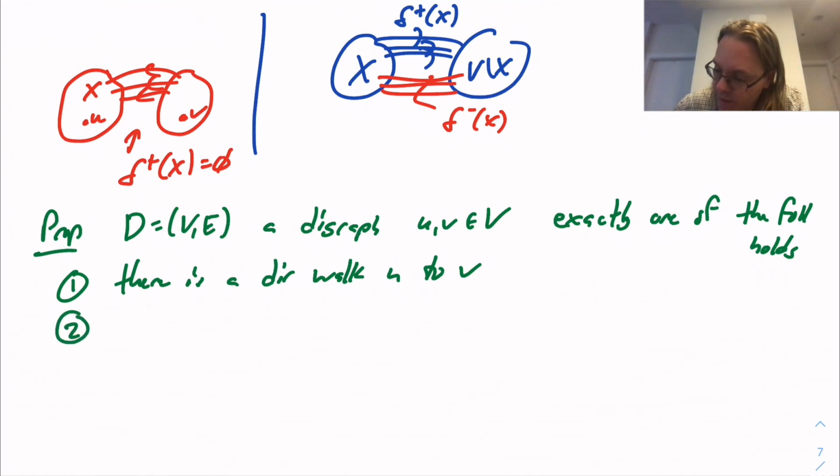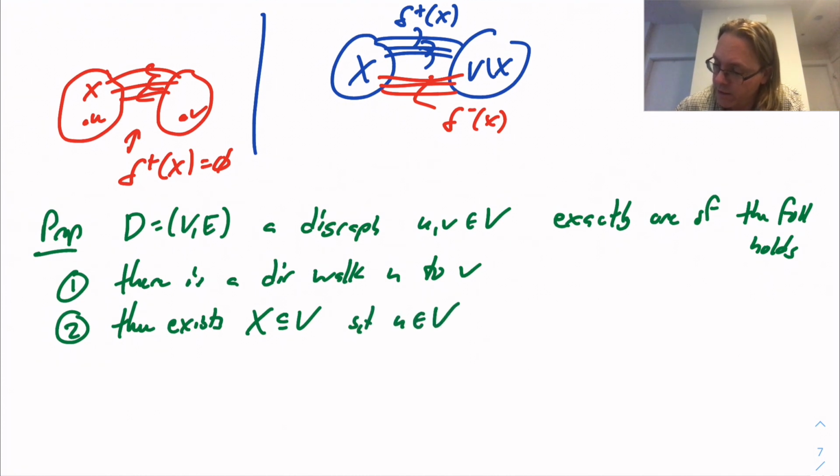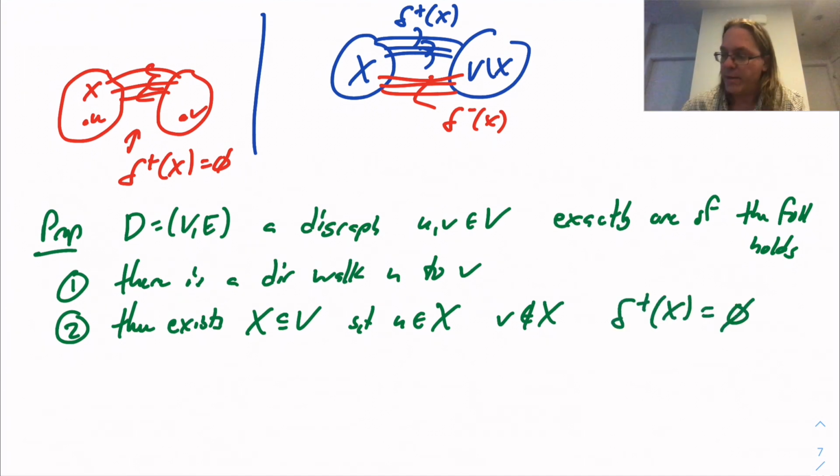So let me write that down. There exists a subset of vertices x such that the vertex U is contained in x, V is not in x, and delta plus of x is empty.